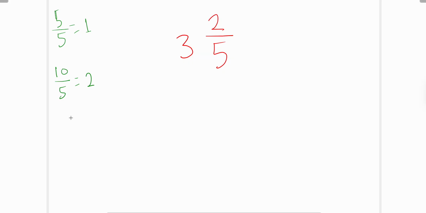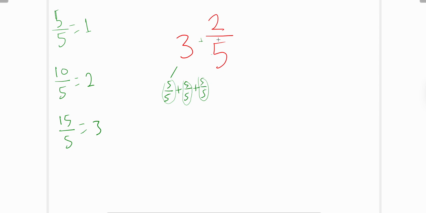And I also know that every 15/5 equals 3 wholes. Or you can just decompose it like that as 5/5 plus 5/5 plus 5/5, right? You have 1 whole, 2 wholes, 3 wholes. So 1, 2, 3. You basically have 3 times 5, right?